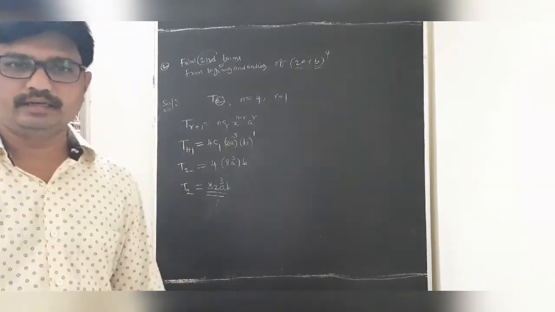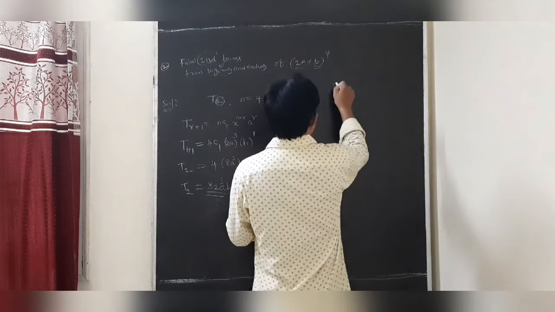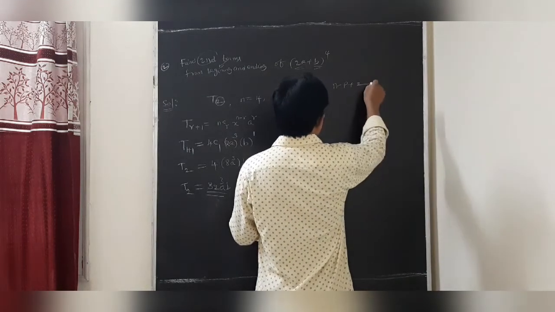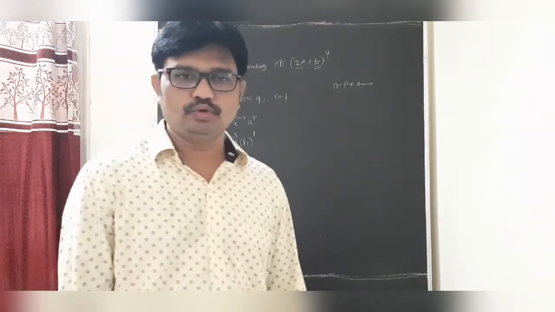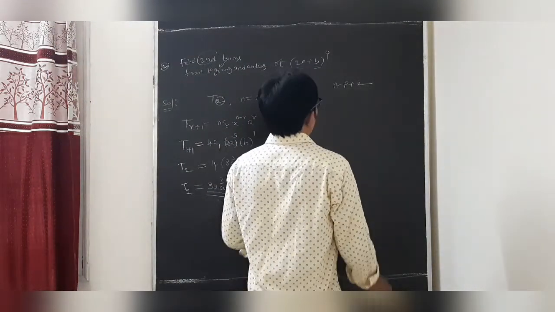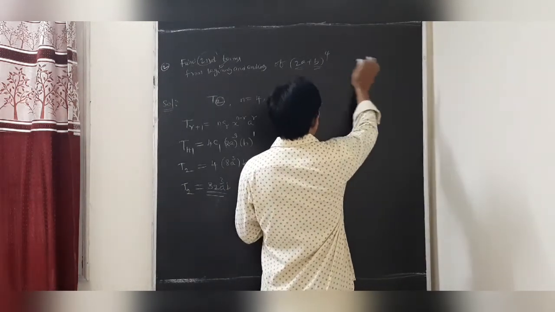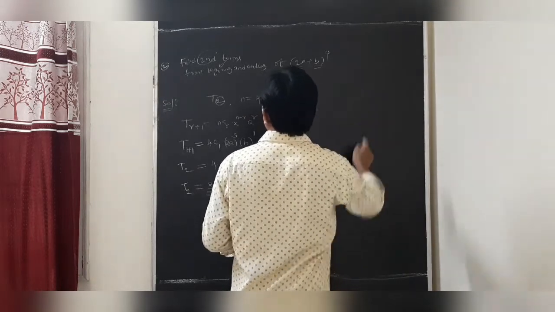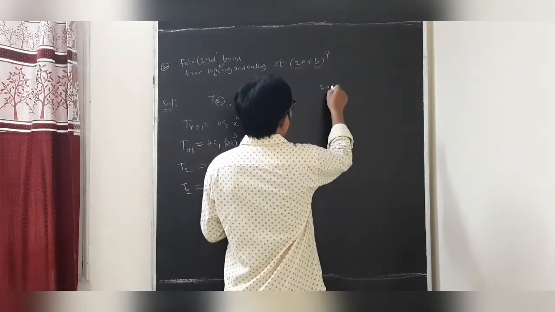So I explain what we observed: n minus p plus 2. Dear students, we can observe that we find the second term from the end.